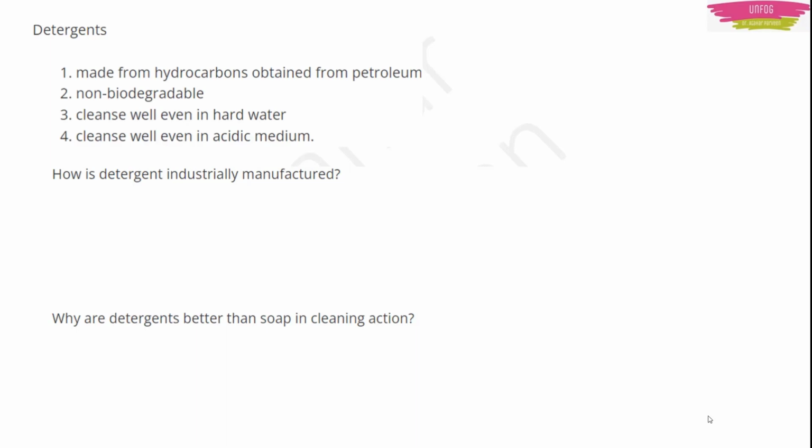They are made from hydrocarbons, and these hydrocarbons are obtained from petroleum. Detergents are non-biodegradable. They clean well even in hard water and they clean objects well even in acidic medium, in contrast to soap. That's one of the main reasons why detergents are widely used compared to soaps nowadays. Then how is detergent industrially manufactured?